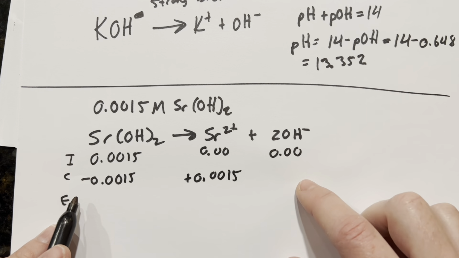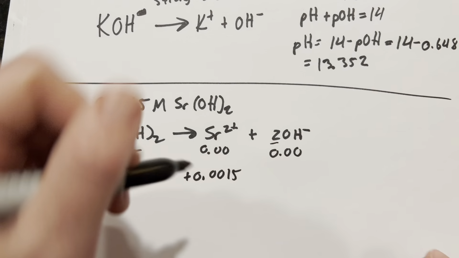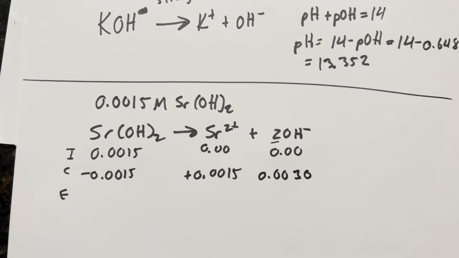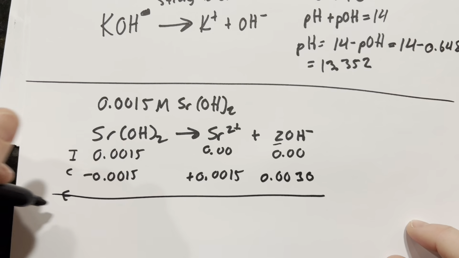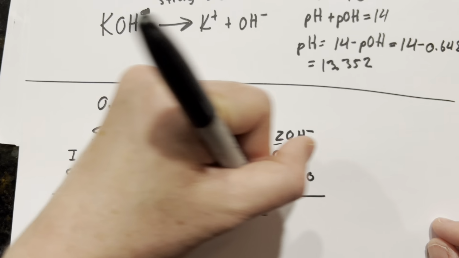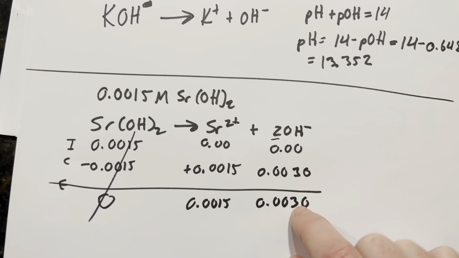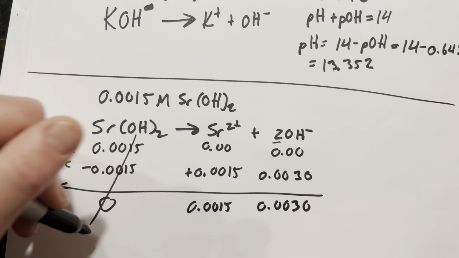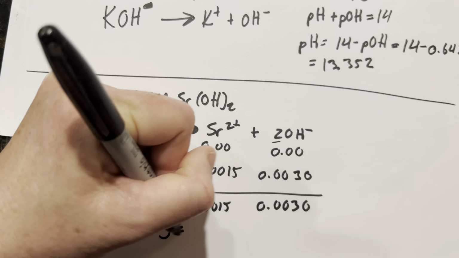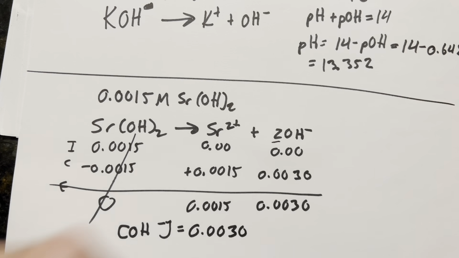And how much did we gain here? Don't forget there's a 2 there. In other words, we gain 2 times that amount, 0.0030. So at equilibrium, this is 0, this is 0.0015, and this is 0.0030. So our OH minus concentration, after the reaction's gone to completion, is 0.0030 molar.